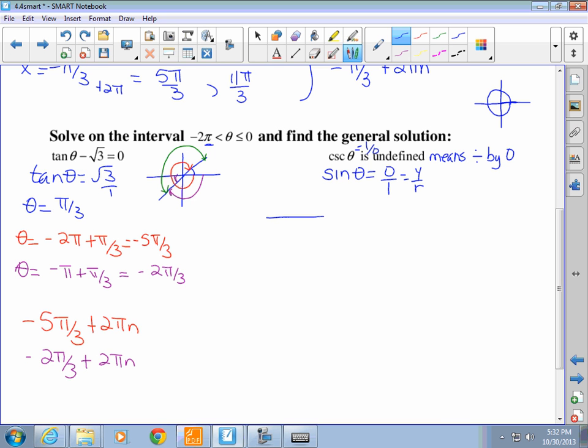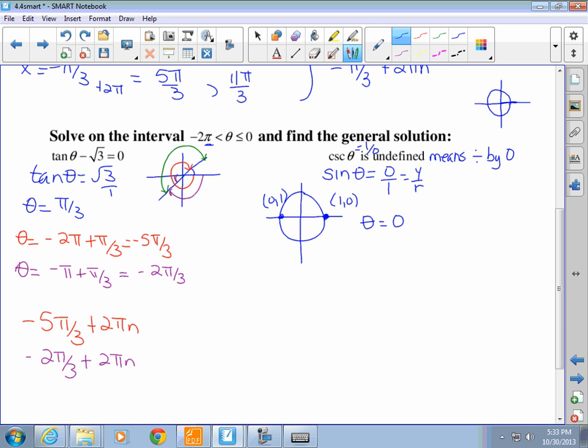So if I draw my unit circle, my y is at 0 right here and right here. So this was 1, 0. This was 0, 1. So right here at 1, 0, that means my angle would be 0 degrees.